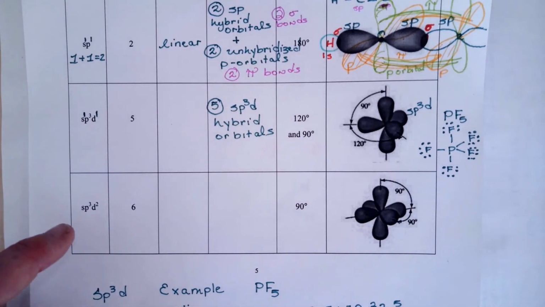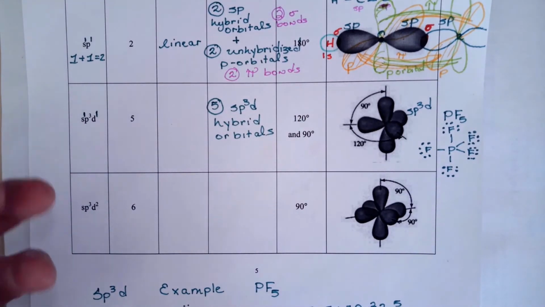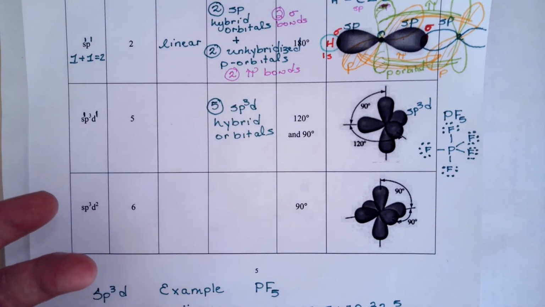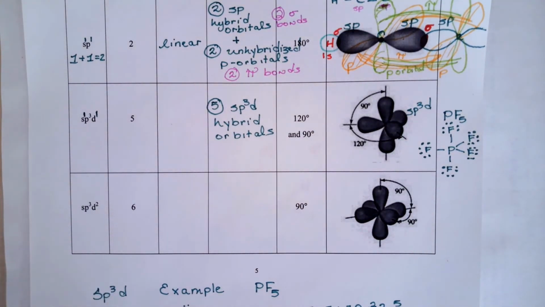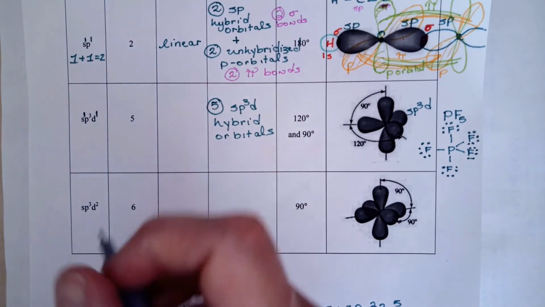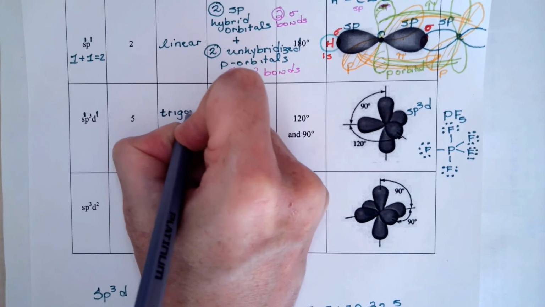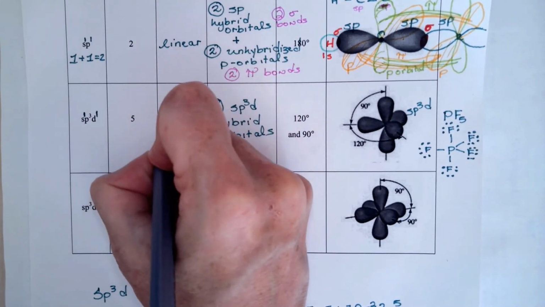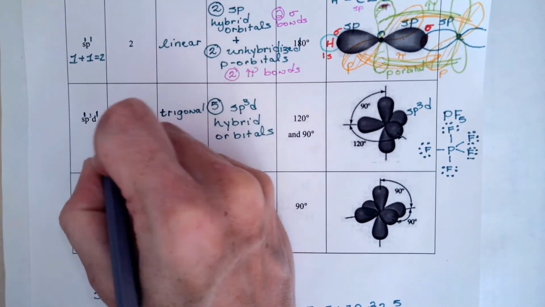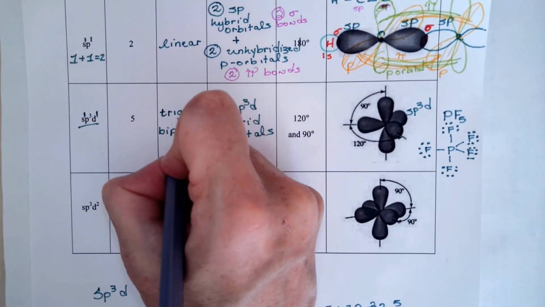How can we recognize that a particular molecule is going to use an sp3d hybridization scheme? Well, it's going to be by the electron geometry of that central atom. So here, if it's trigonal bipyramidal, then that's a good indication that it's sp3d.